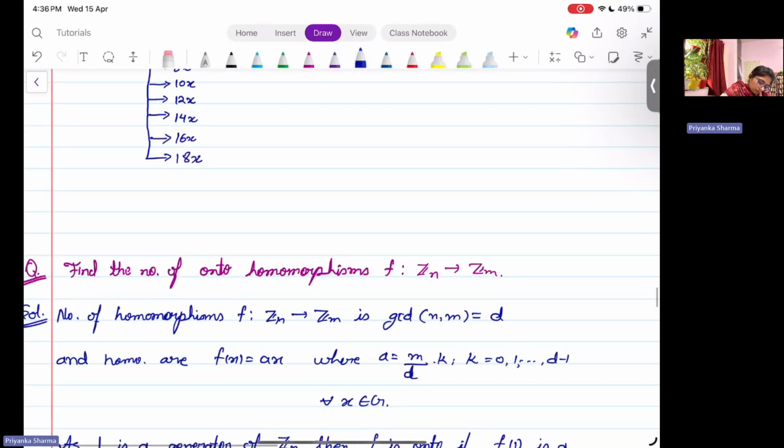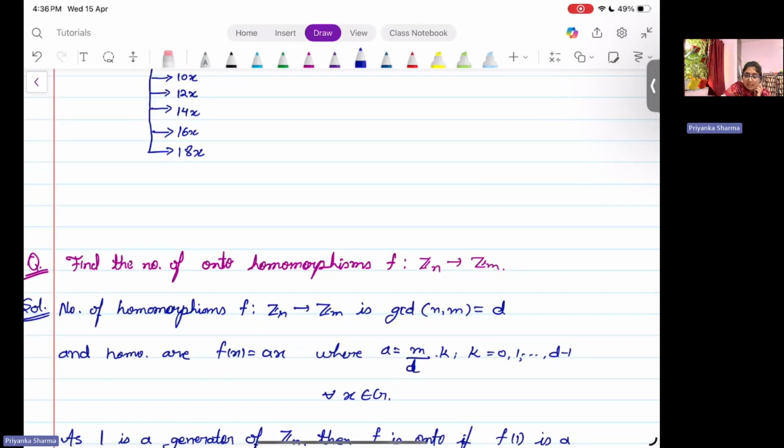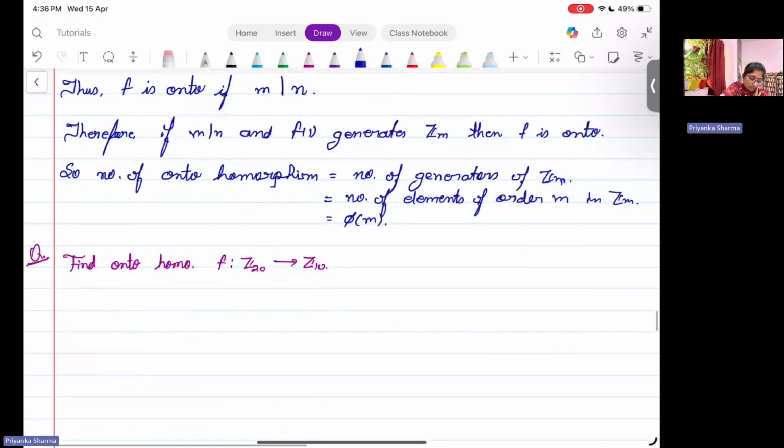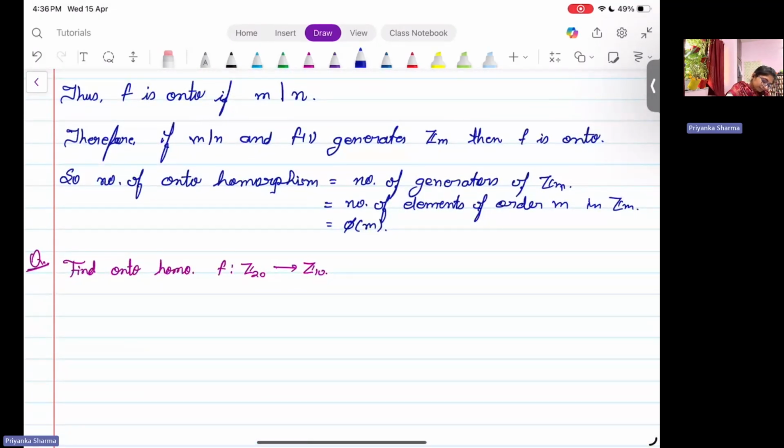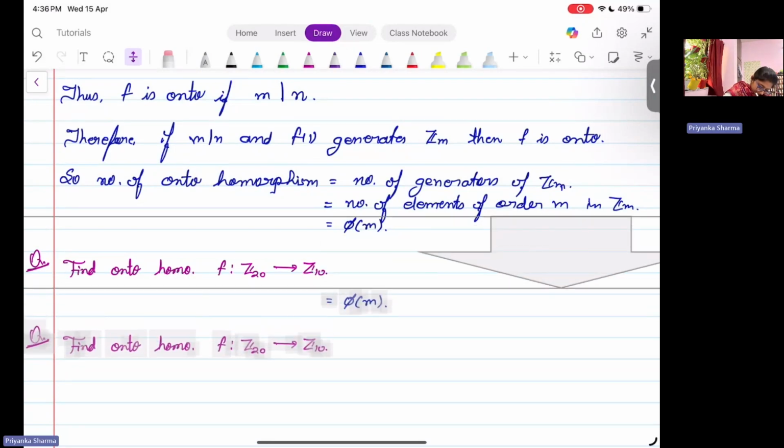So how many onto homomorphisms from Zn to Zm? First of all, an onto homomorphism will exist only if m divides n, and if m divides n, then the number of onto homomorphisms will be phi of m. I would like to write it again clearly.